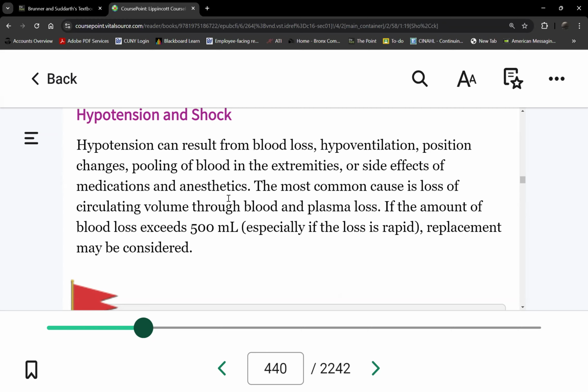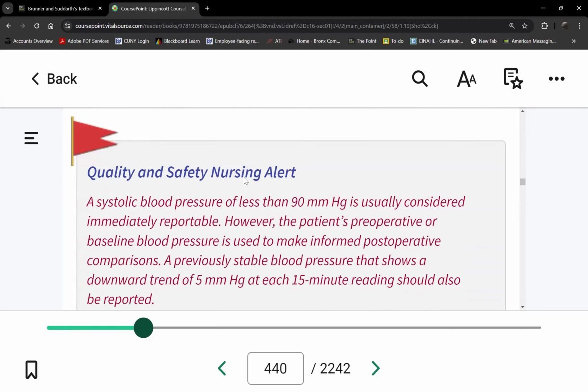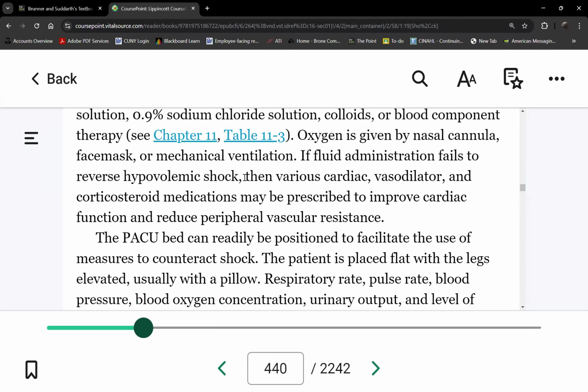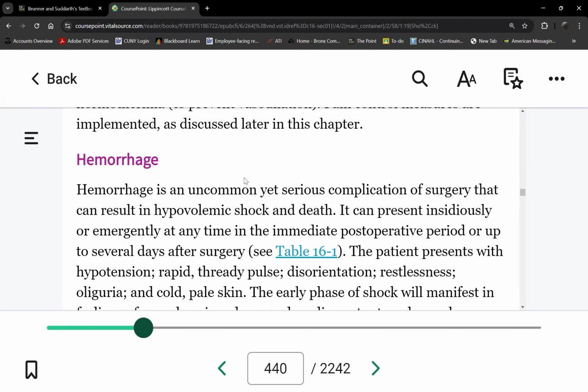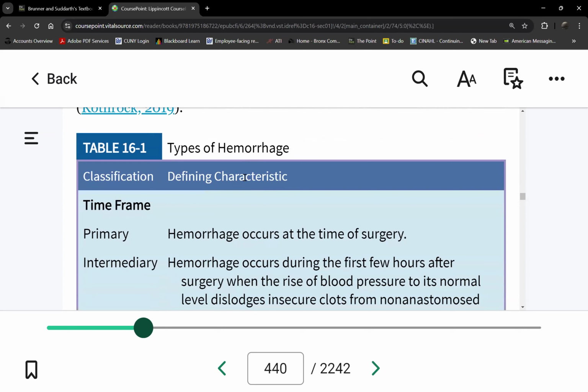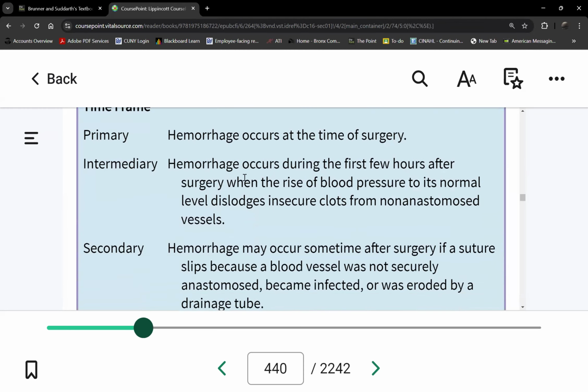We just concluded hypovolemic shock, so same assessments. That goes the same for hemorrhage. So when you're looking for the signs and symptoms of hypovolemic shock, that'll be like hypotension, tachycardia, and so on. Yeah, same as module 1.